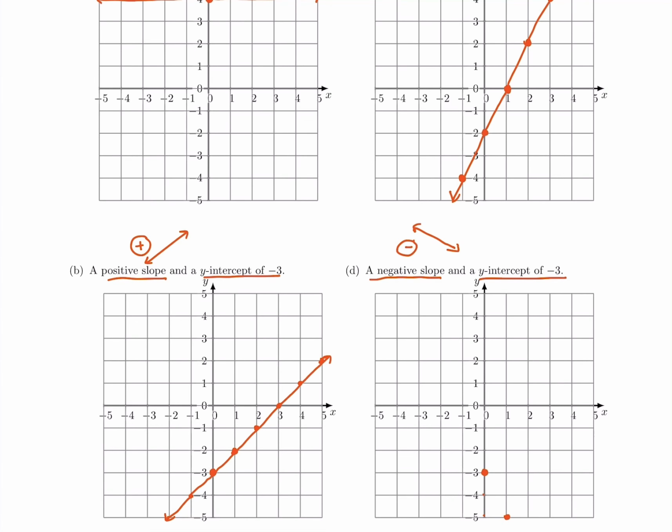And so reading it the other way, we have to go up 2 over 1, repeatedly. And then we can just connect our points. We have a slope of -2 and a y-intercept of -3. One of the many possible answers for that.